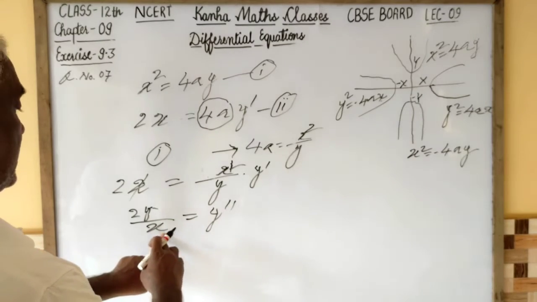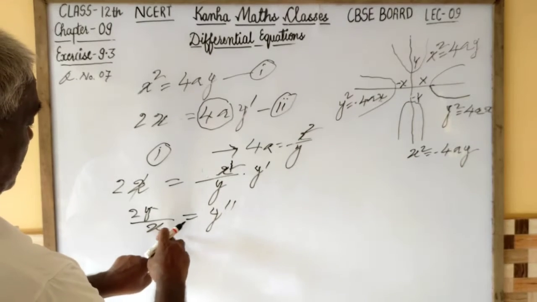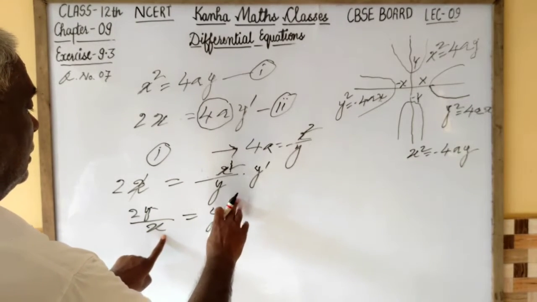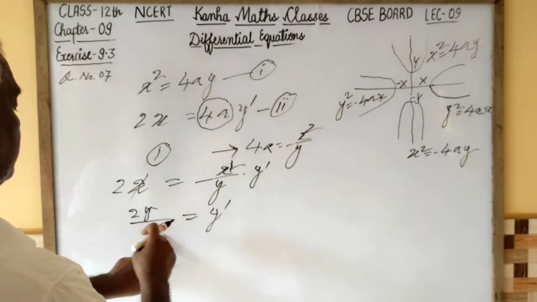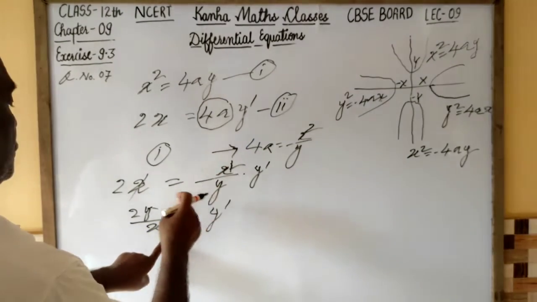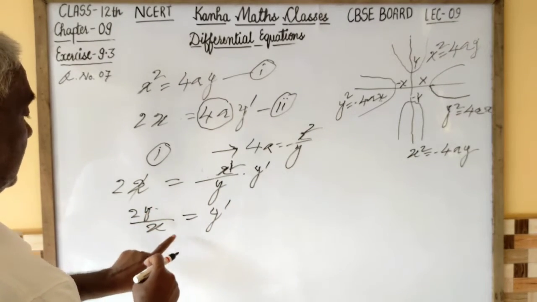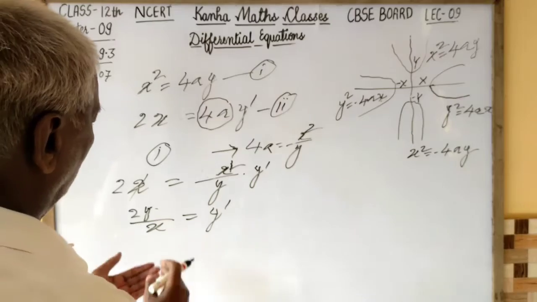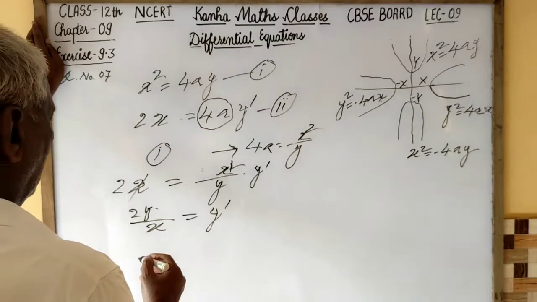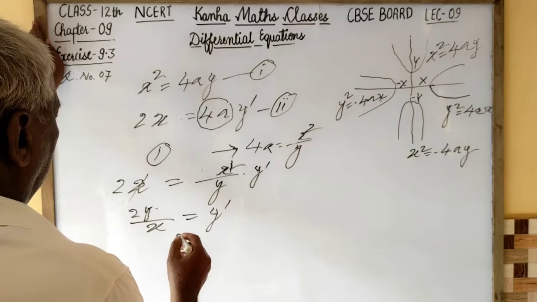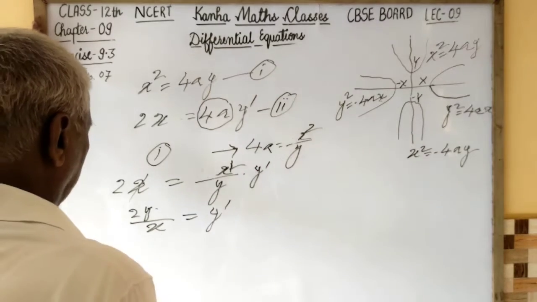By cross multiplication we conclude x y dash means 2y upon x is equal to y dash. Now here 4a we may replace.